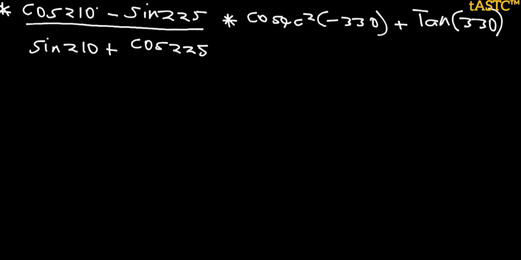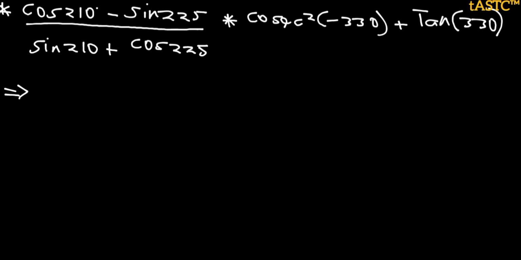So let us start with the first one. We have cos 210 and sine 225. Later, we have sine 210 and cos 225. And all these are getting manipulated, as you can see. So there is cos 210 minus sine 225 divided by sine 210 plus cos 225.